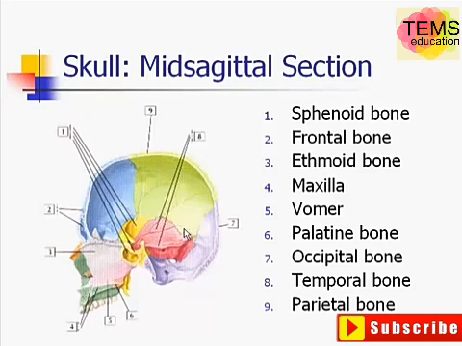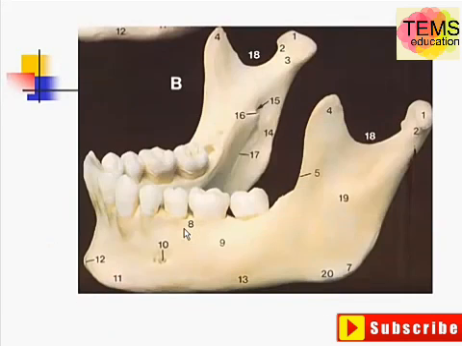Remember, the sinus is the air space. 2, the frontal bone. There's also a little space there, that's the frontal sinus. On number 8, the temporal bone, they were pointing to the squamous and petrous sections.